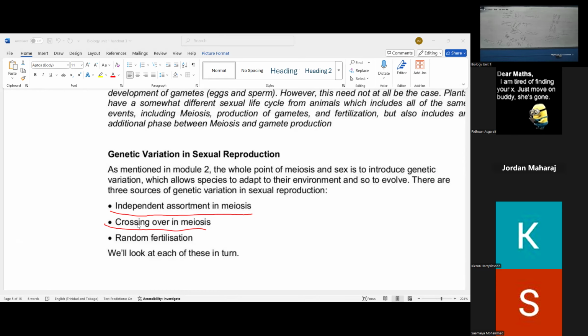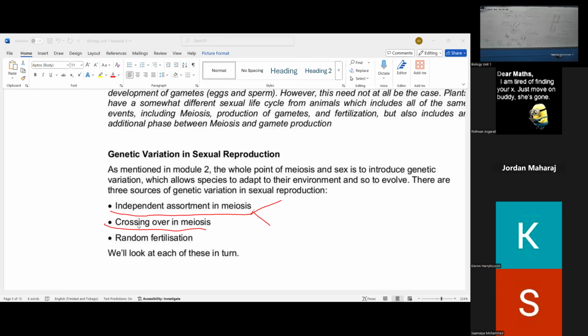So half from the male, half from the female. But when we say independent assortment, independent means individual, not affected by anything else, and assortment means to arrange. So what independent assortment loosely refers to is the splitting apart of these gametes.